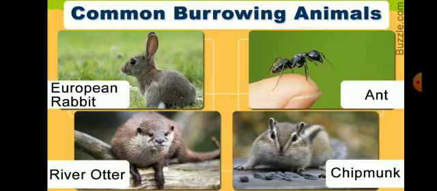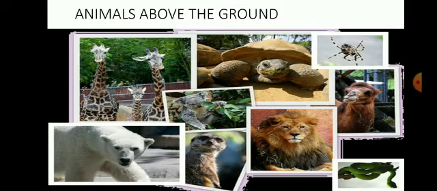They live under the soil. Now let us see the animals that are present above the ground, like you are seeing here: fish, lion, tiger, all domestic animals, and wild animals like deer, zebra, bear, penguin, and some other animals.